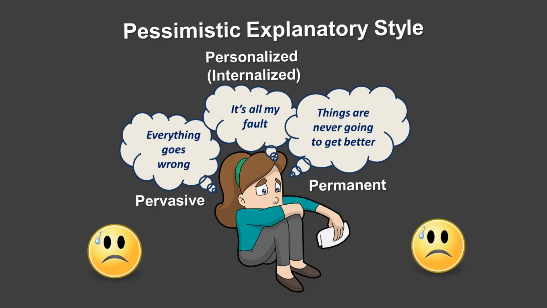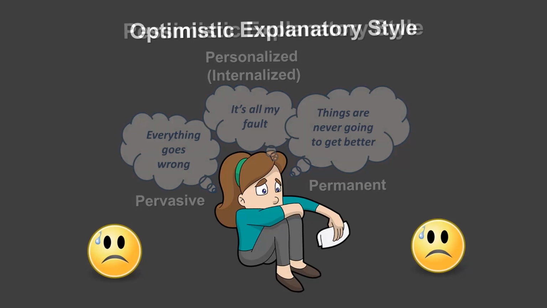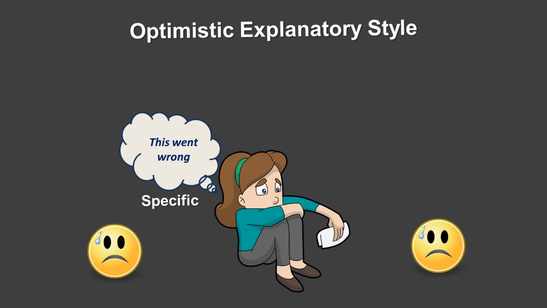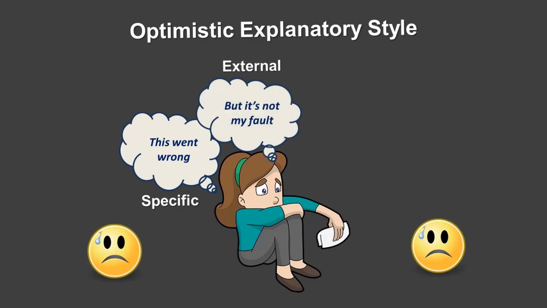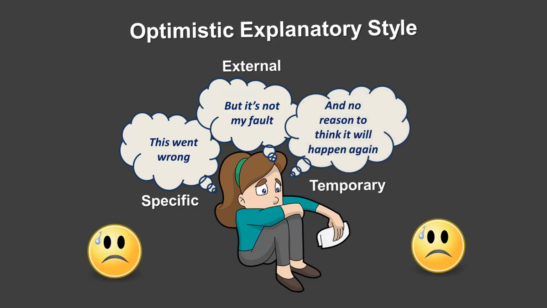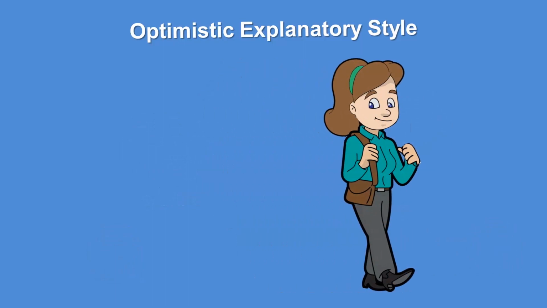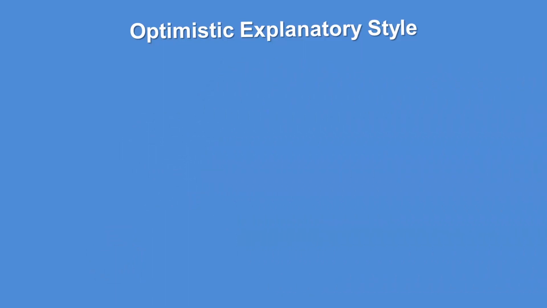But if we can change our explanatory styles to make them more optimistic, in other words, if we can learn to attribute negative experiences, events, and setbacks to causes that are specific to that experience or event, and that are not our faults, and that are temporary, then this optimistic explanatory style makes us more resilient and less susceptible to things like depression.